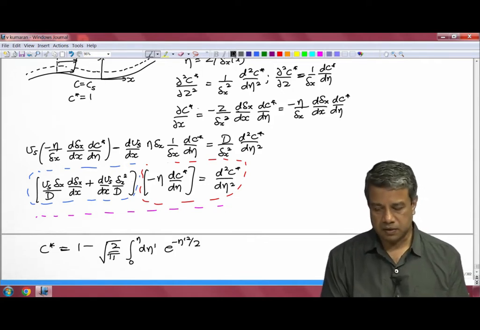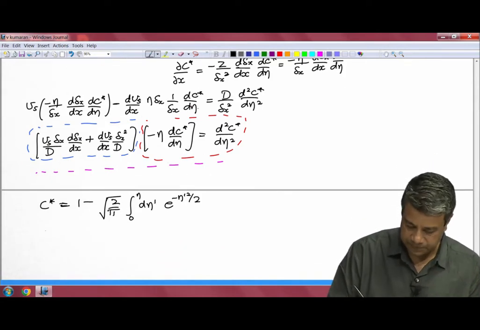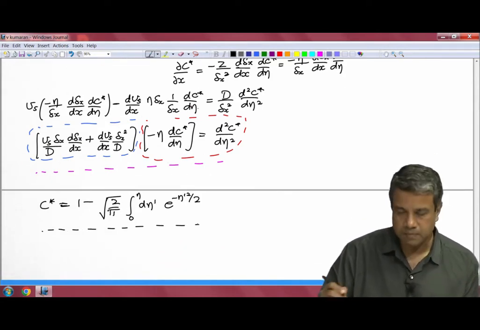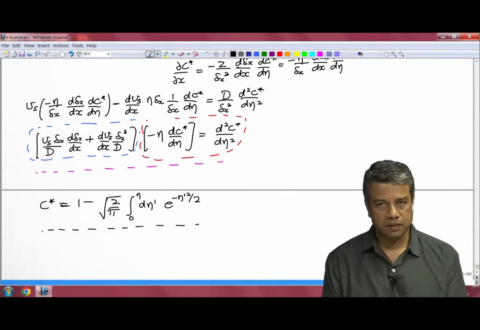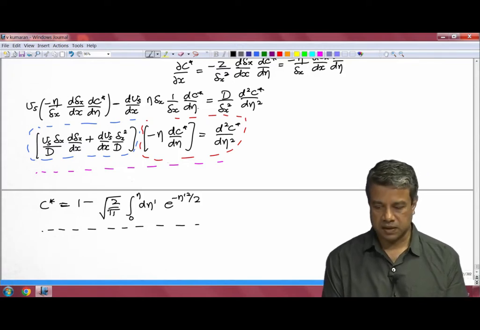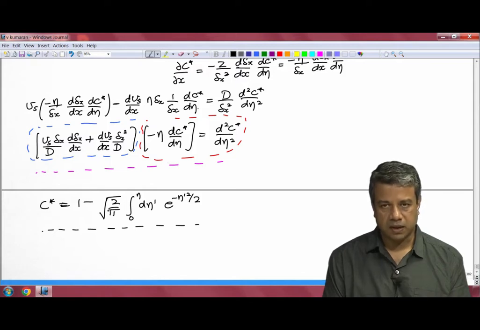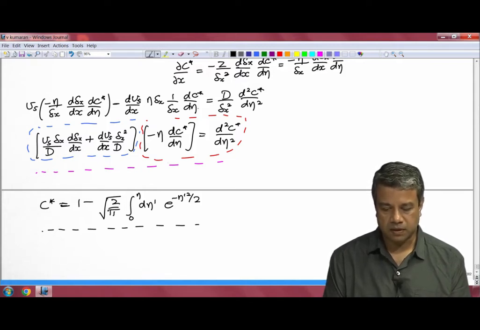The red part we had already solved to get the solution for the concentration field, which was the same as what we had for the flow past a bubble, and which is also the same as what you would get for the falling film if you used this procedure. So that procedure is the same. The blue part is equal to 1, and that has to be used to determine the boundary layer thickness.